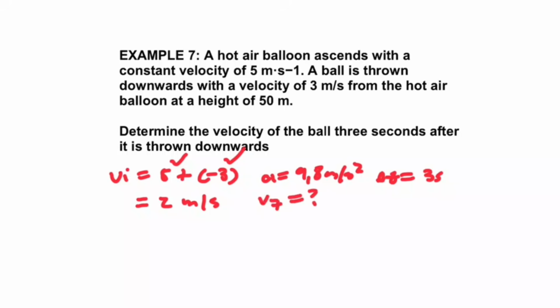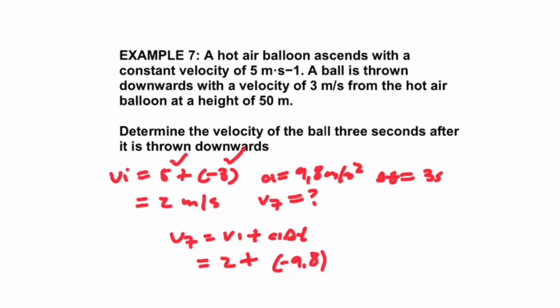With these four variables, it's quite easy. We have Vf equal to Vi plus a delta t. Vf will be equal to, what is Vi? The initial velocity is 2 meters per second plus the acceleration, which will be minus 9.8 if we're taking up as positive.